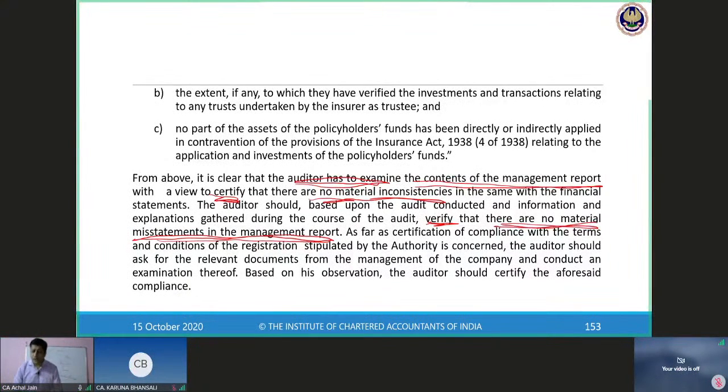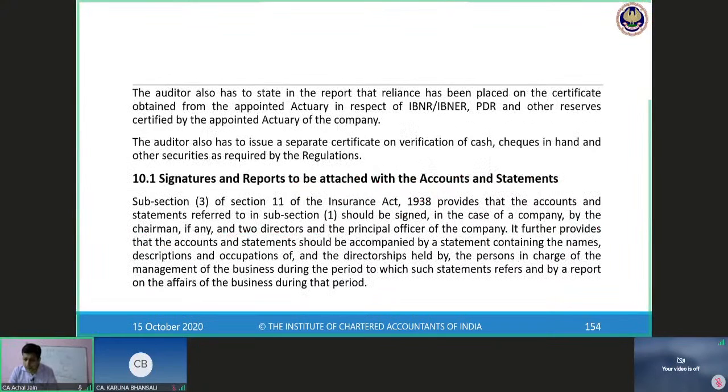Moving further, the auditor also has to state in the report that reliance has been placed on the certificate obtained from the appointed actuary in respect of various reserves which are certified by the appointed actuary of the company. So now what is it that the auditor has been doing?